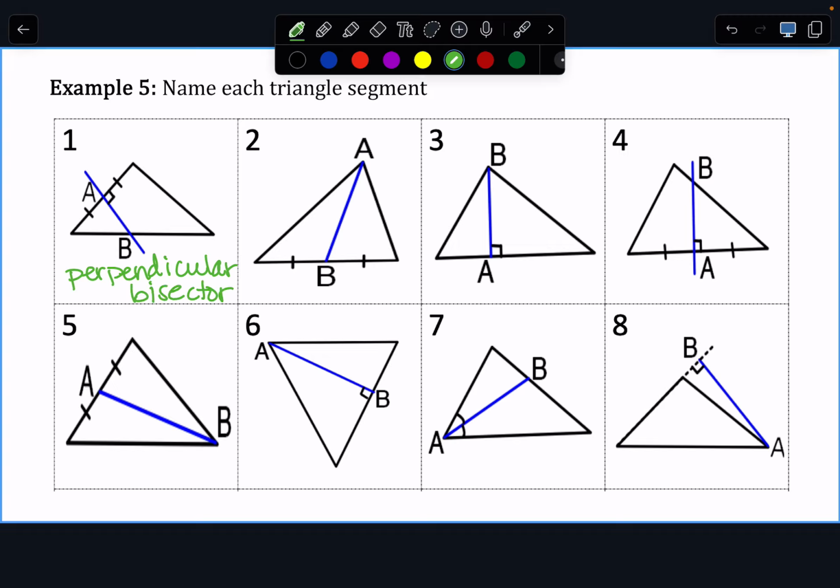That could also mean peanut butter, so no. Okay, what's number 2? Median, because this is getting bisected, but it's connected to the vertex. Number 3, that one is an altitude. Yes, number 4 is a perpendicular bisector.